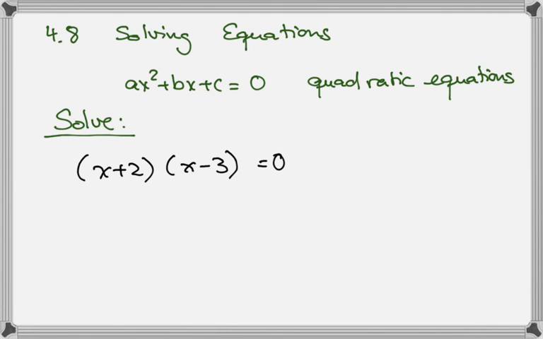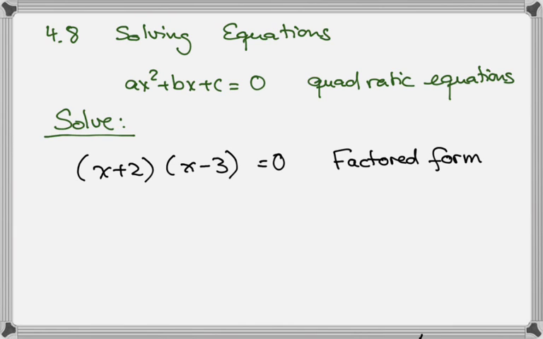If the equation is already set equal to 0 with 2 parentheses, this is what is called factored form. This is factored form already. Somebody factored it for you. Do you hear me? Somebody factored it for you.